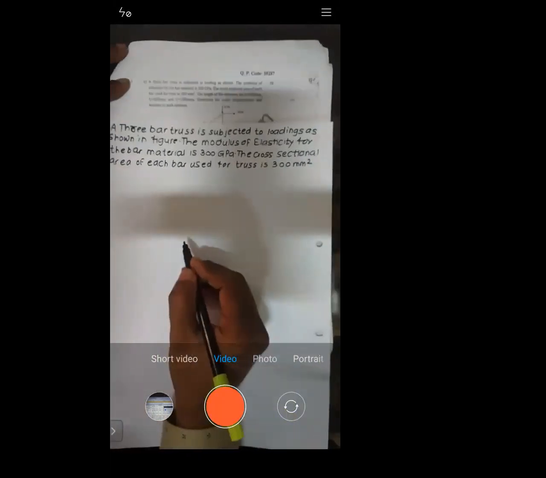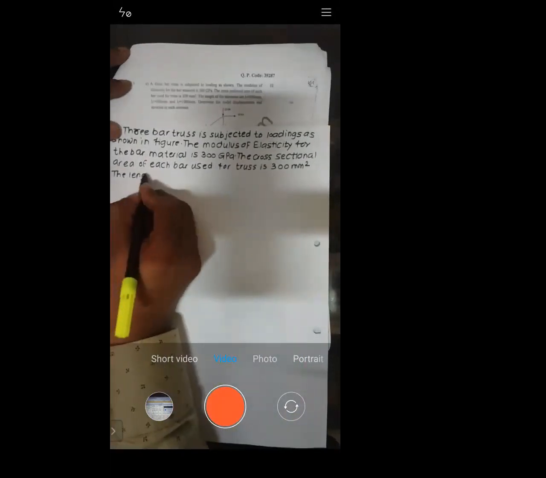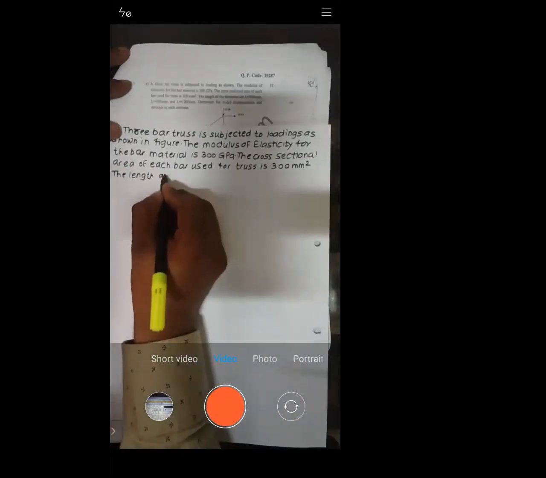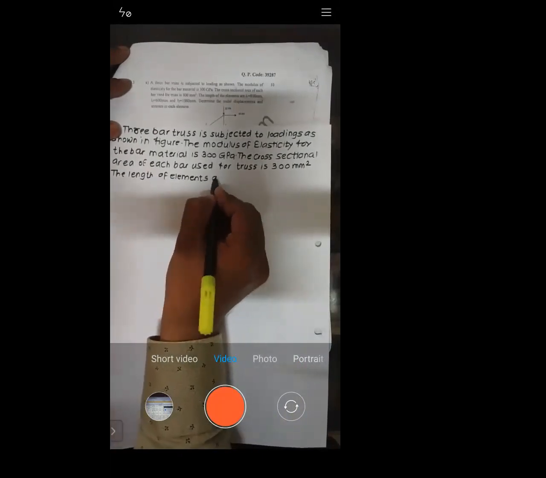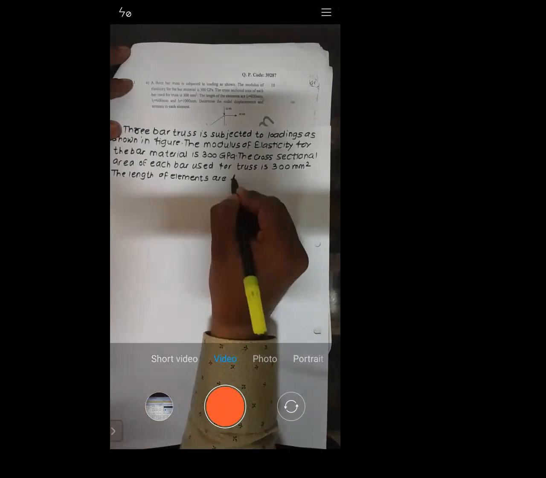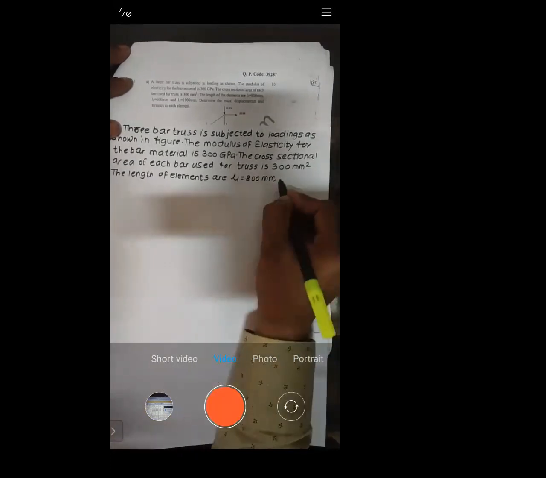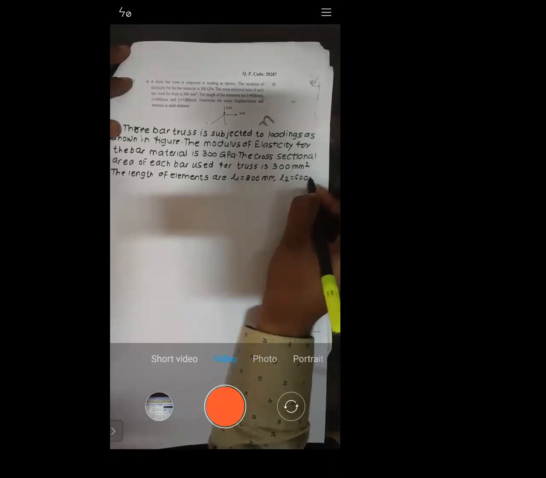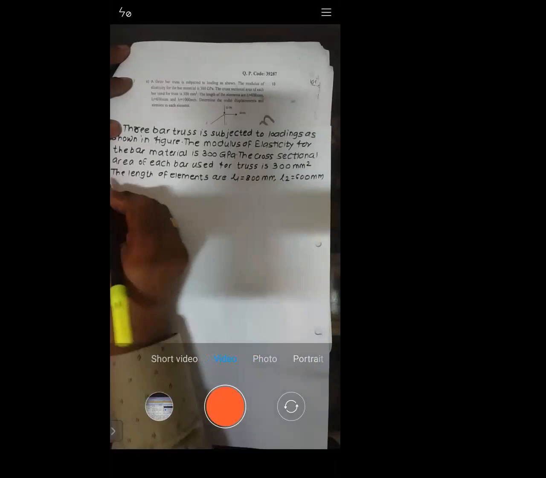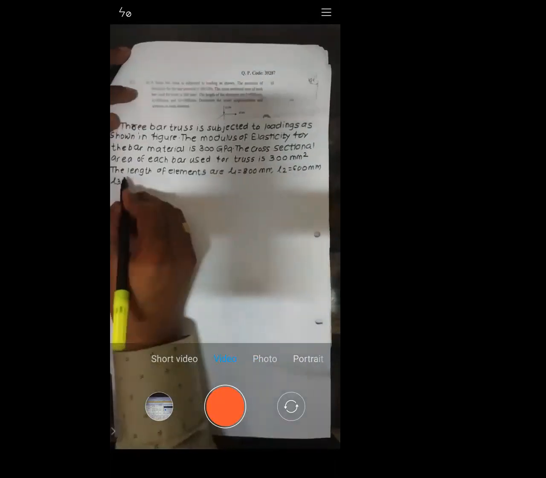The lengths of the elements are L1 is equal to 800 mm, L2 is equal to 600 mm, L3 is equal to 1000 mm.